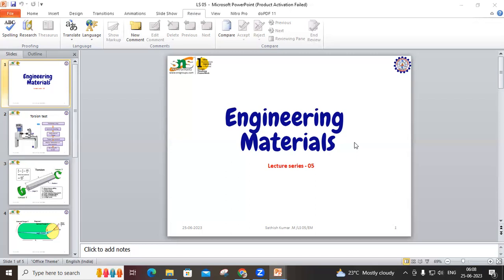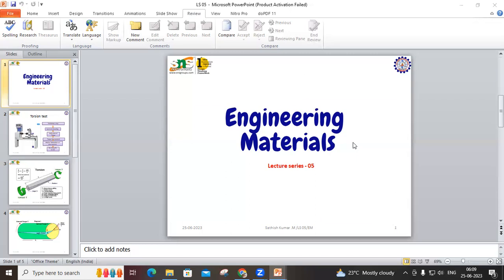A torsion test is a mechanical test used to determine the behavior of a material under torsion or twisting force. It assesses the material's ability to withstand torsional loading and provides information about its mechanical properties such as shear modulus, shear strength, and ductility.